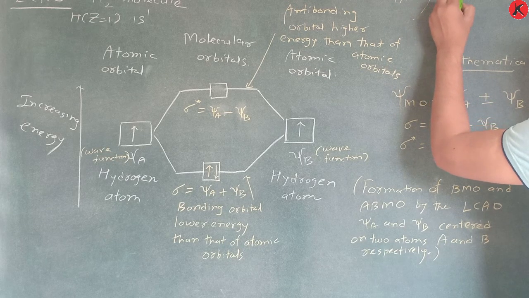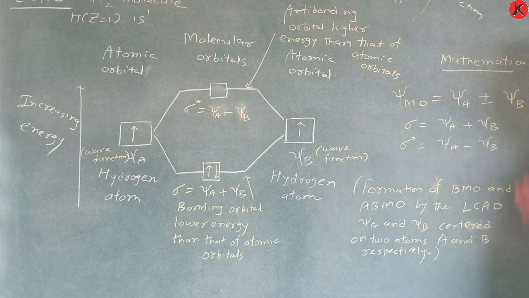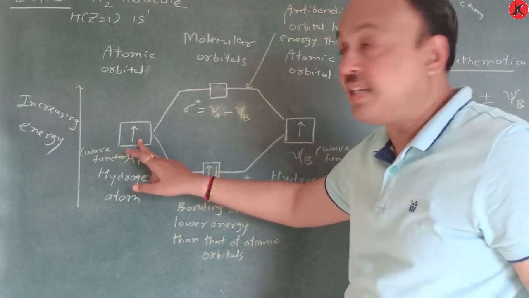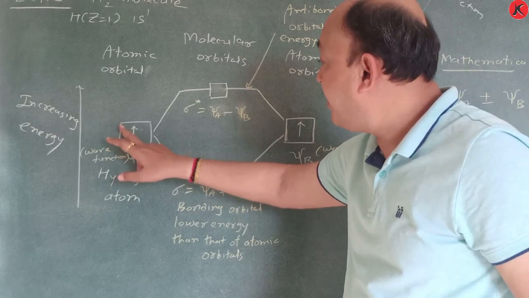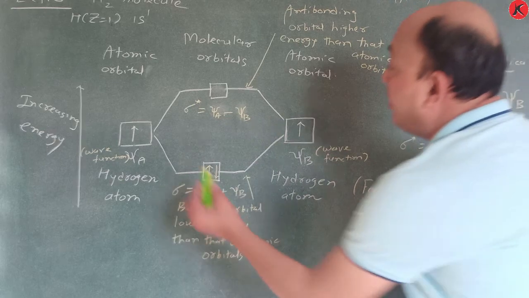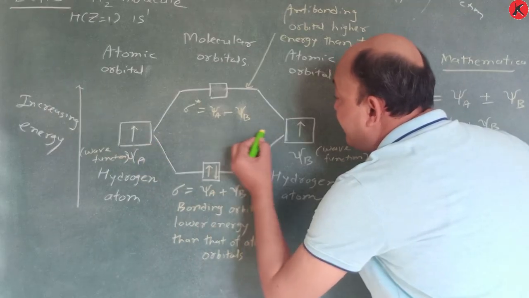So here the wave function: according to that, a 1s orbital is there, so 1 electron in a 1s orbital, 1 electron in a 1s orbital, and this energy is the same.